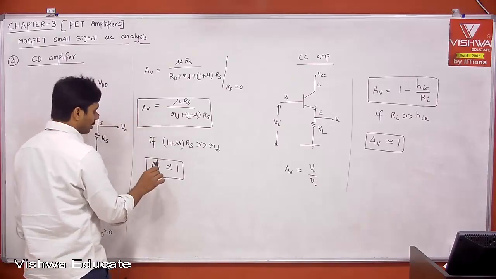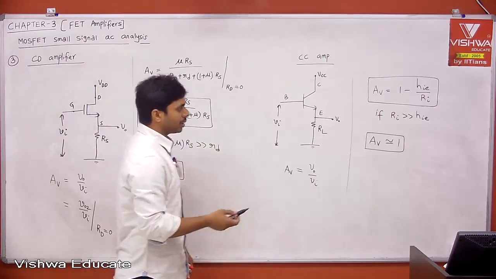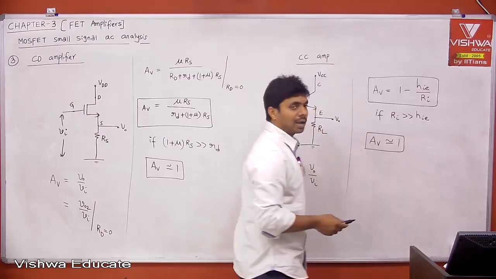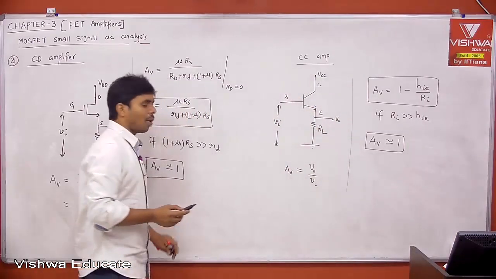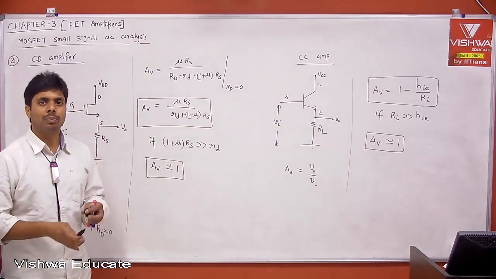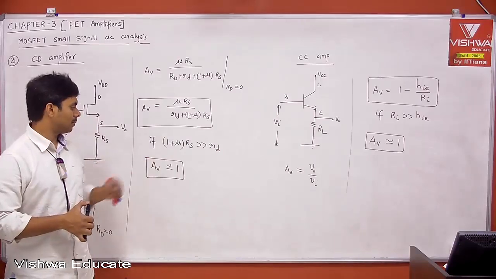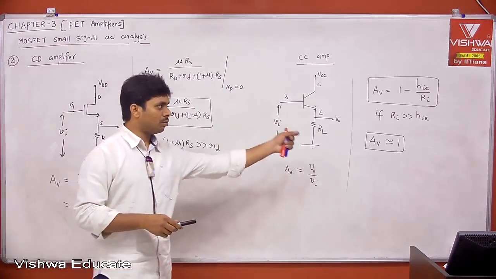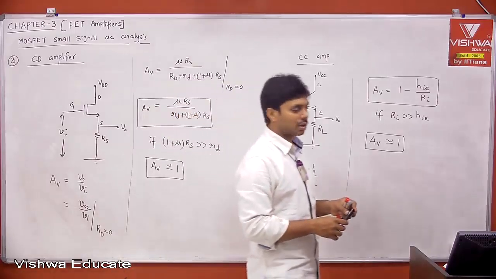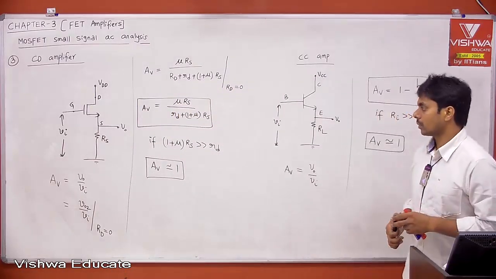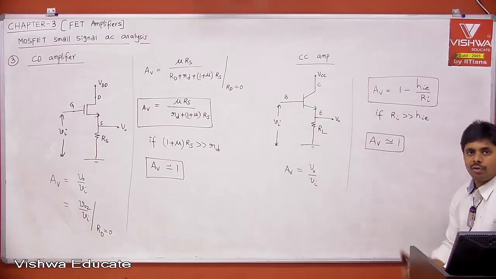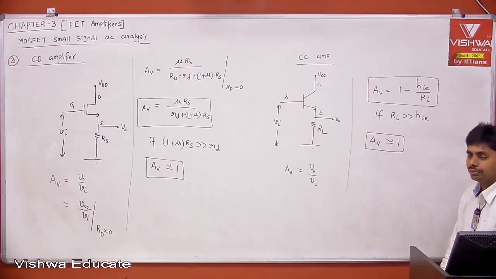But remember, here you may get, for example, in the order of 0.98, 0.985, but this is in the order of 0.91, 0.92, 0.93, but close to 1. Less than 1, but close to 1. Okay, this is almost unity. That is the difference. So for the CC amplifier voltage gain is 1, for the CD amplifier voltage gain is 1. There is no change.